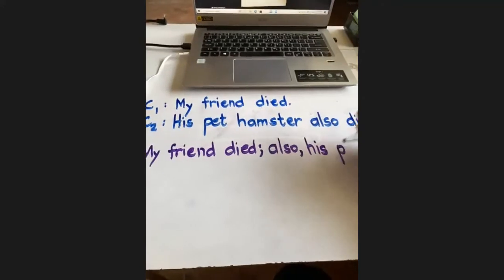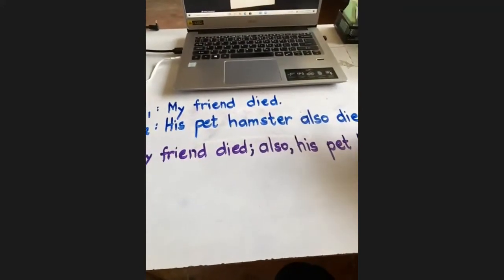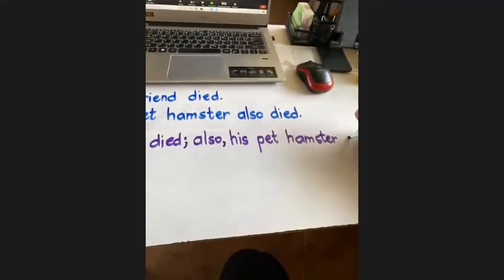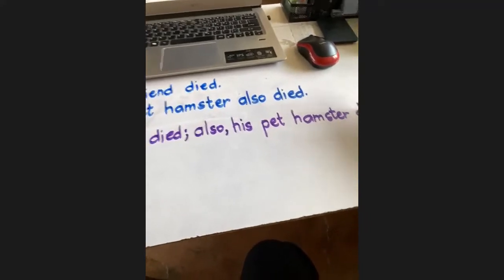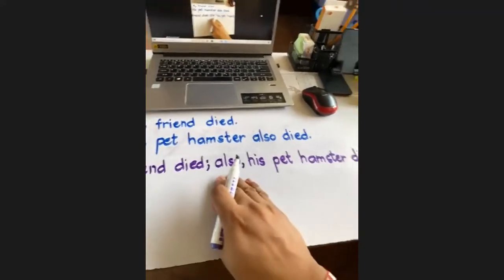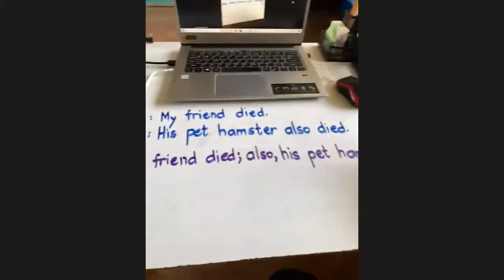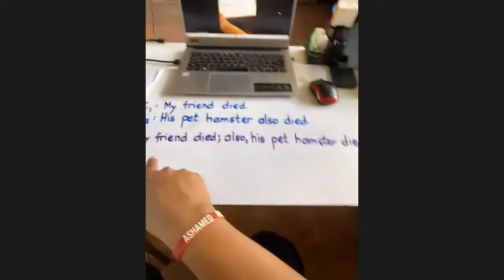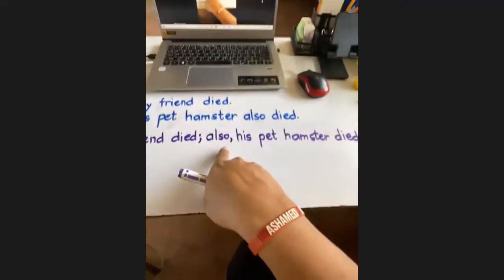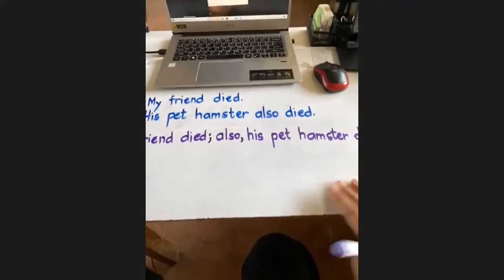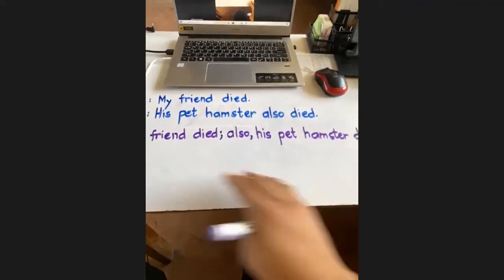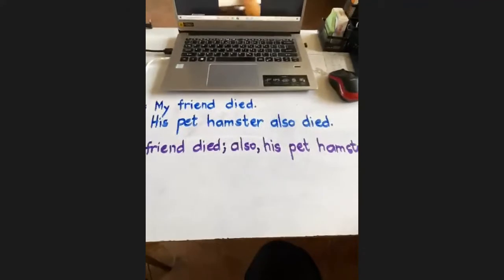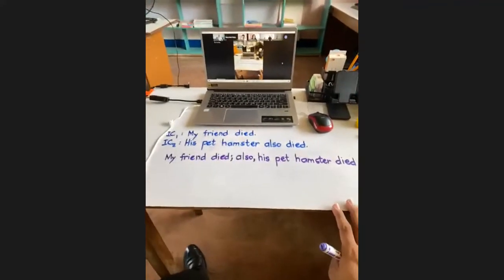His pet hamster died. Of course, we will not use also here anymore because the word also has already appeared. After this, we will put a period. So you have a single sentence. My friend died; also, his pet hamster died. This is a single sentence, a compound sentence in structure, a sentence created using the process of coordination.